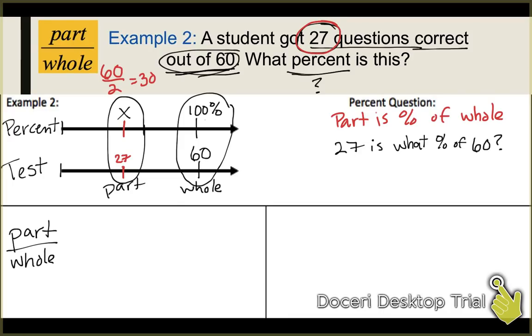Okay, so now if I were to set up, this first fraction has to be my percent. So in this case, I actually don't know what my percent is, but I do know it's always going to be out of 100 for percent. And then if I talk about my test, it's going to be 27 is my part and 60 is my whole. Okay, so now we have to solve the proportion.